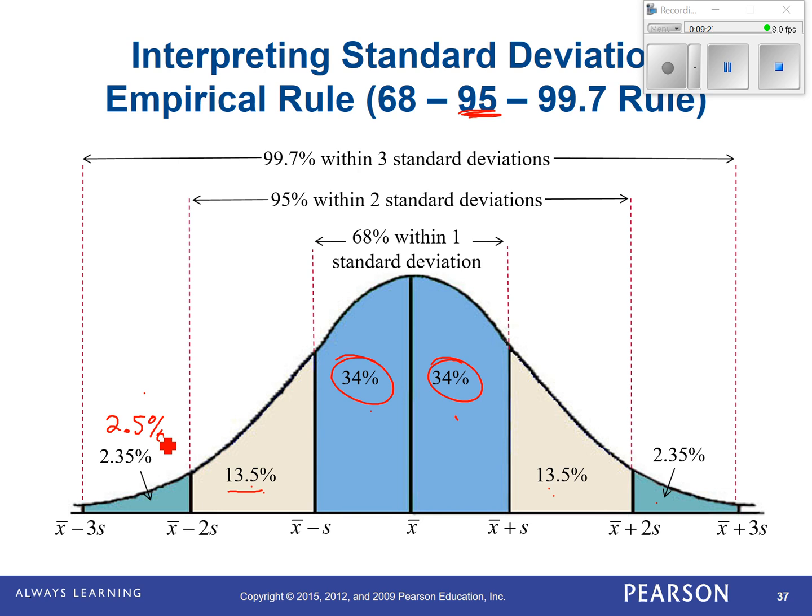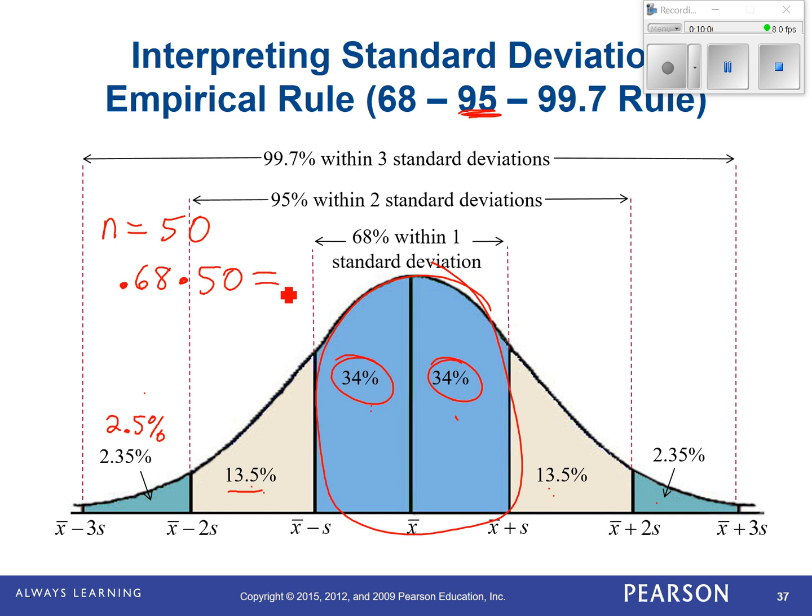So if we're dealing with a set of data, let's say it has 50 items in the set, and they ask how many of those items are going to fall within one standard deviation of the mean, then we could just take the 68% here, change it to a decimal, 0.68, times 50, and we just multiply those two.